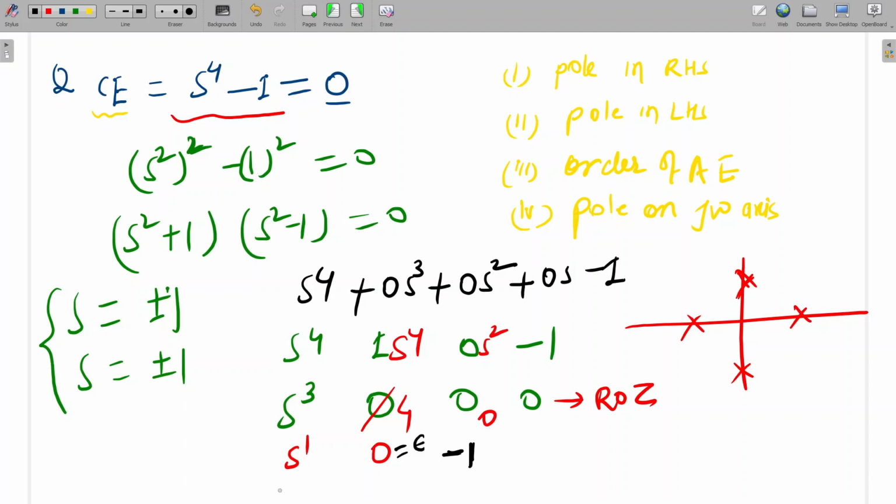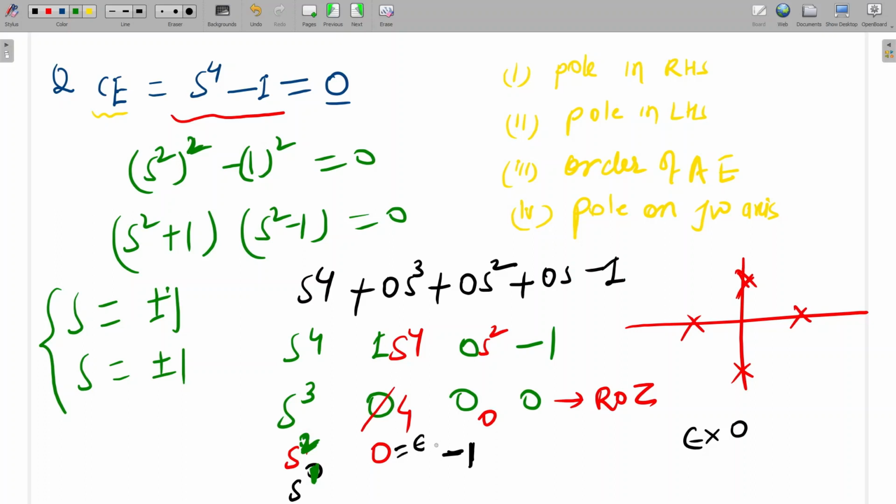Then what will be the s to the power 0 value? Sorry, we have missed s square; this row will be s square, and the next will be s to the power 1, which is epsilon and 0.